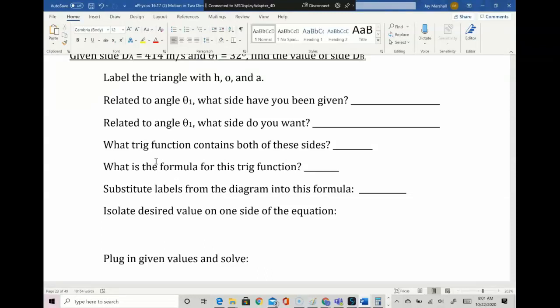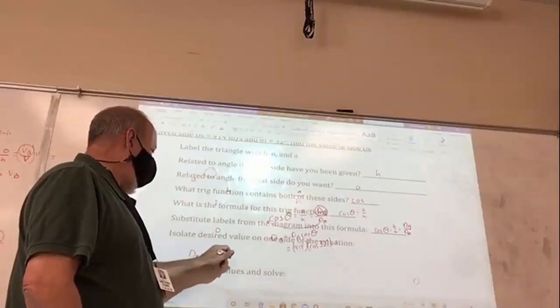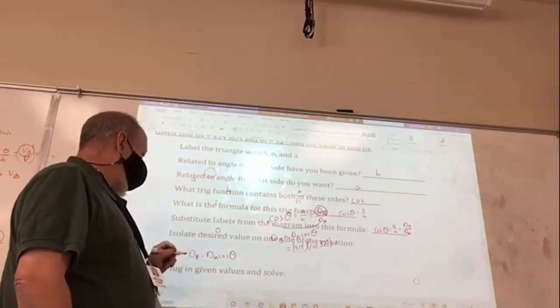The formula for that trig function is cosine of theta equals A over H. Substitute labels from the diagram into this formula: cosine of theta equals A over H equals dB over dA. And then isolate the value. We said dB equals dA times the cosine of theta. And then we plugged in the values and solved.